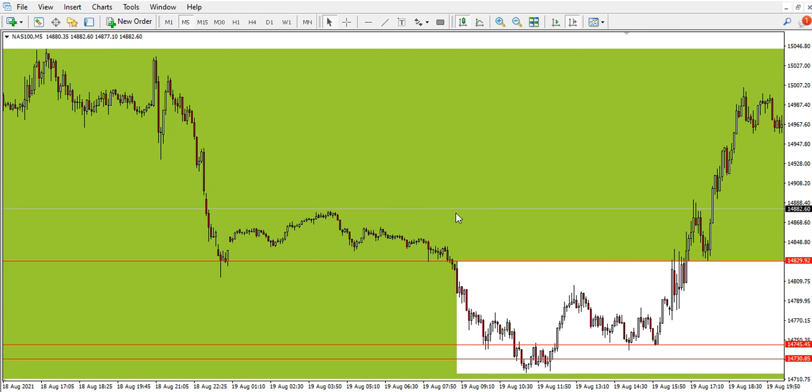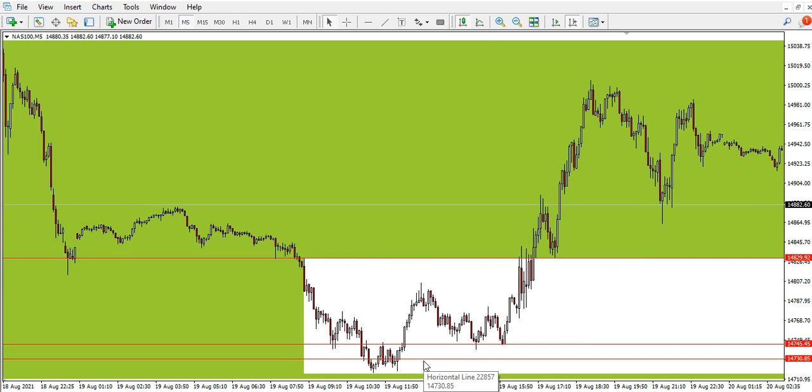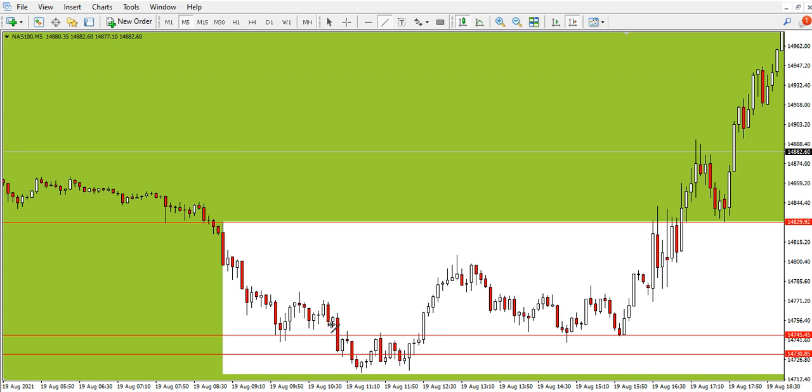Let's go back to the order block that we highlighted when price was going up. It's 14730.85. It's exactly here. What do we see again here? We see another break of market structure. Let's zoom in just once.